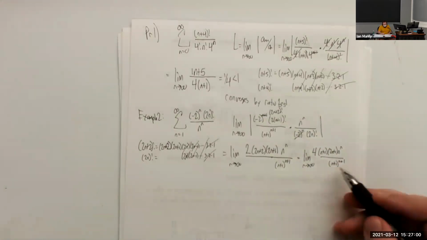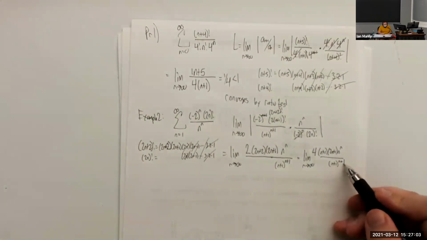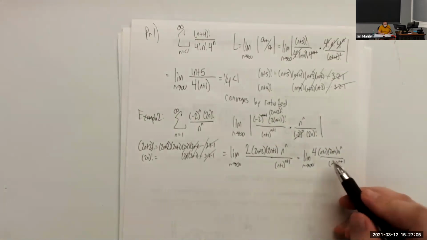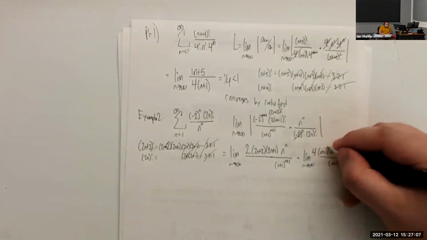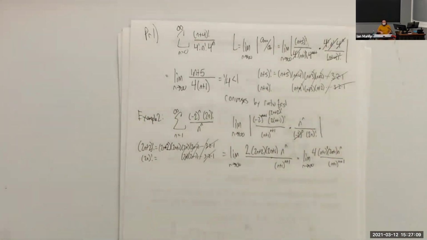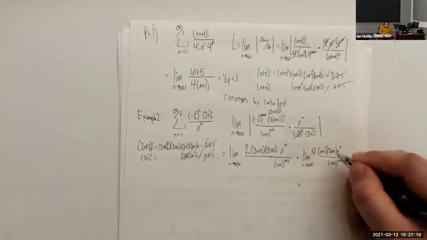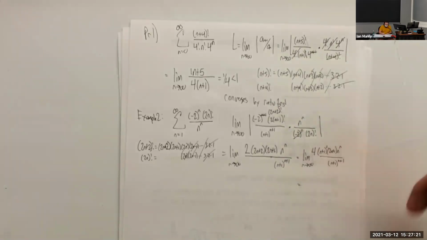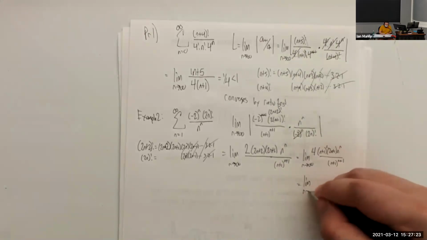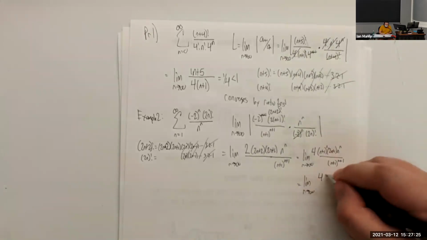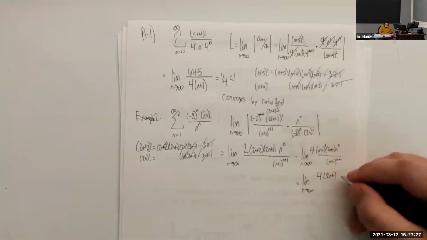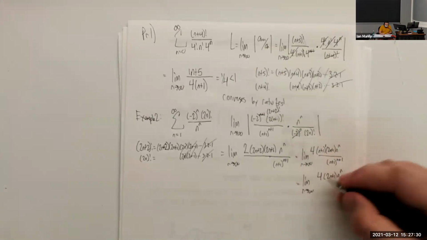So we have (n+1) raised to the n+1 power down here, right? But we also have an (n+1) raised technically to the first power up here. So since those exponentials have the same base, I can combine them together. And this has the bigger exponent, so I subtract 1 from n+1. And I get 4 times (2n+1) n^n.